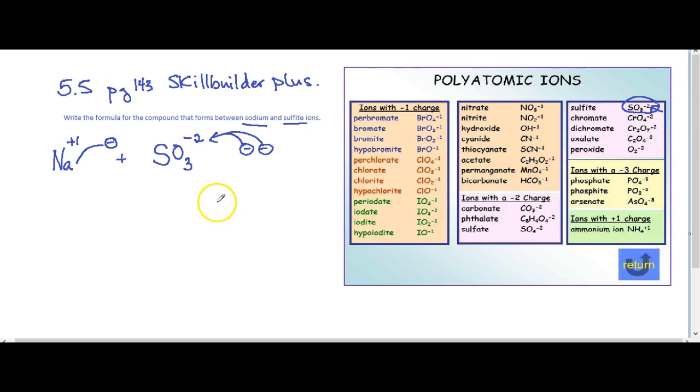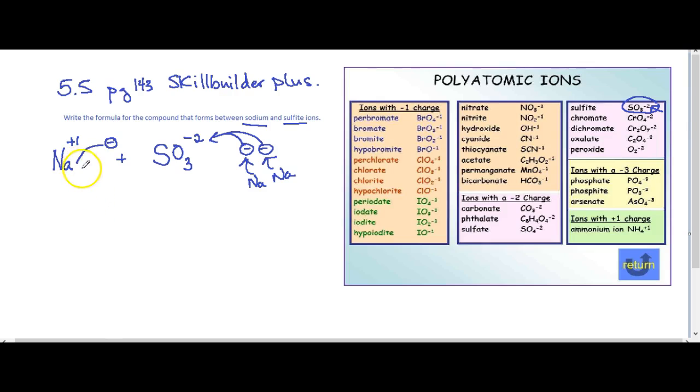If you think about it, it's going to take 2 of these sodium atoms to balance out the -2 charge on the SO3.